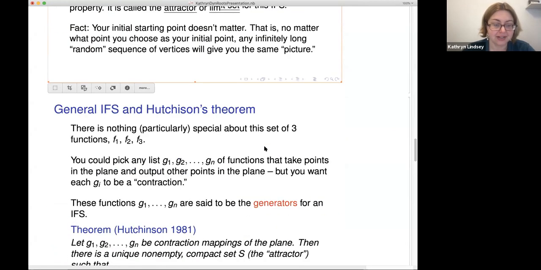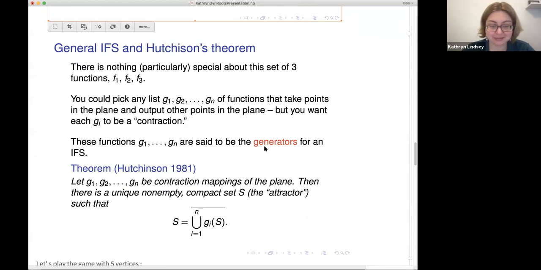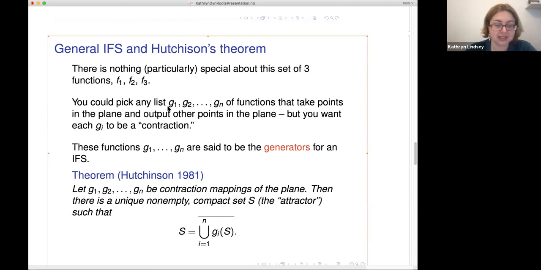The cool thing is there's nothing really special about this set of 3 functions, F1, F2, and F3. It's a little special, but we could have used really any functions. Instead of those 3 functions, you could imagine any list of functions, which I'm now going to call G1, G2, all the way up to Gn. There has to be finitely many of them, but just some list of functions that take points in the complex plane, or if you prefer, the real plane, and output other points in this plane.